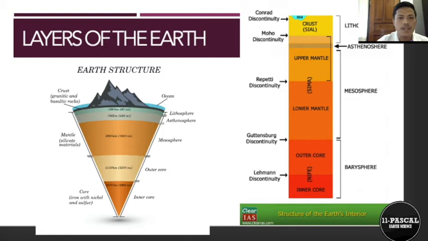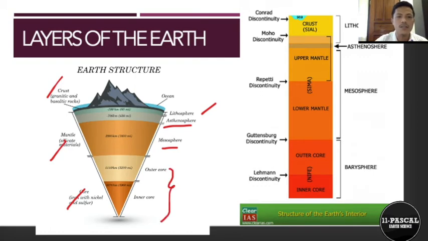Okay, so we have the different layers of the Earth. Again, I mentioned already, crust, the mantle and the core. And, of course, you have your lithosphere, your asthenosphere, and then we have the mantle here, which in some books is called the mesosphere, and then we have the outer core and the inner core.